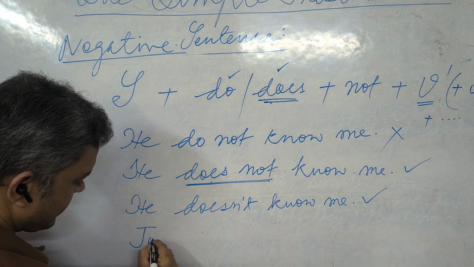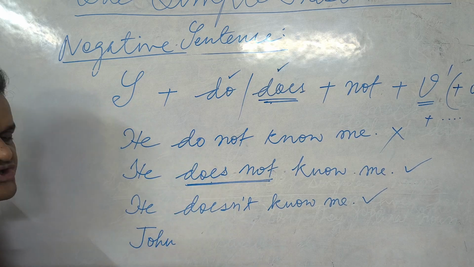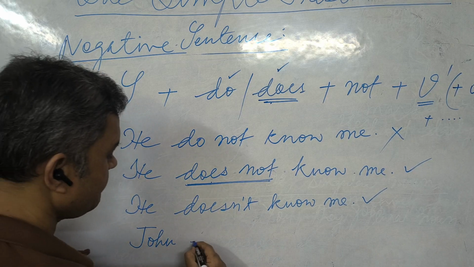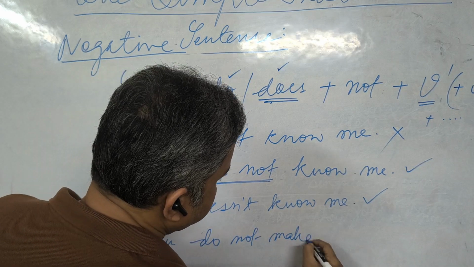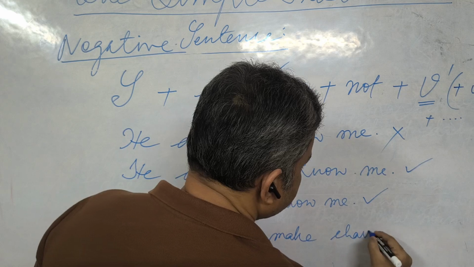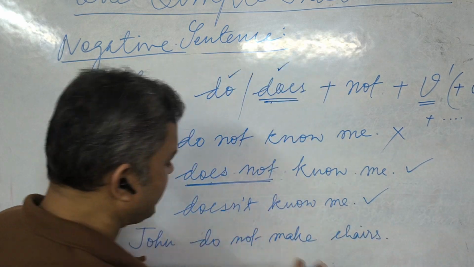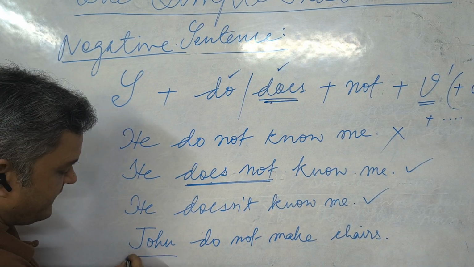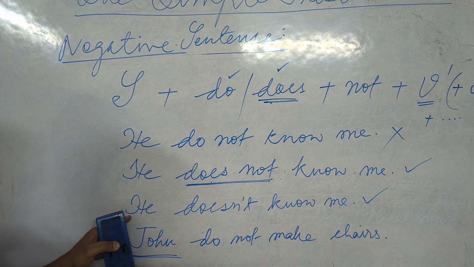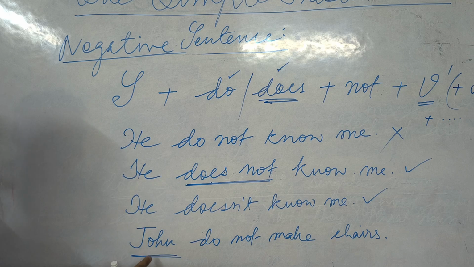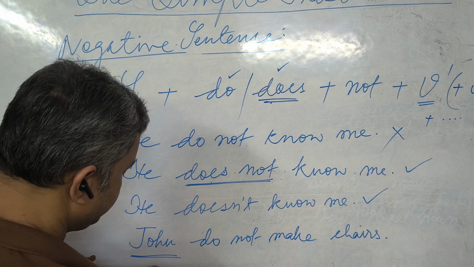Similarly, most beginners would say, John do not make chairs. Again, this is wrong. With the third person singular pronoun or a singular noun, we will use does.